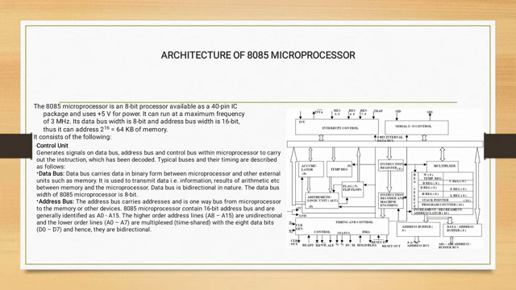So if we go to the main diagram, here you can see this particular segment is called the timing and control unit. There are several kinds of signals over there: control signals, data signals, DMA, clock, etc.